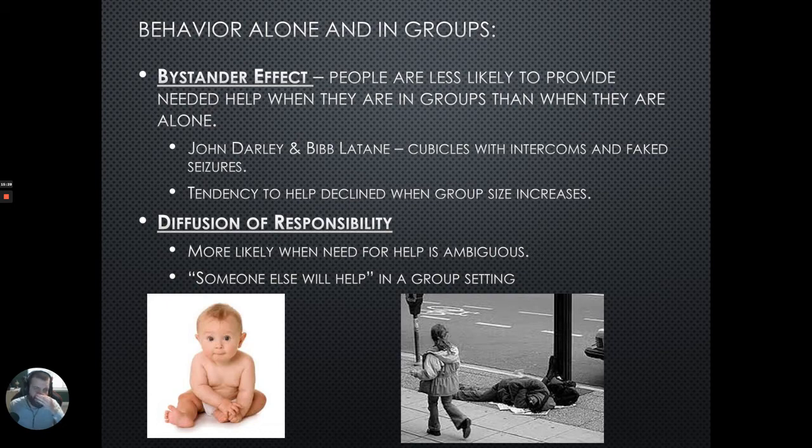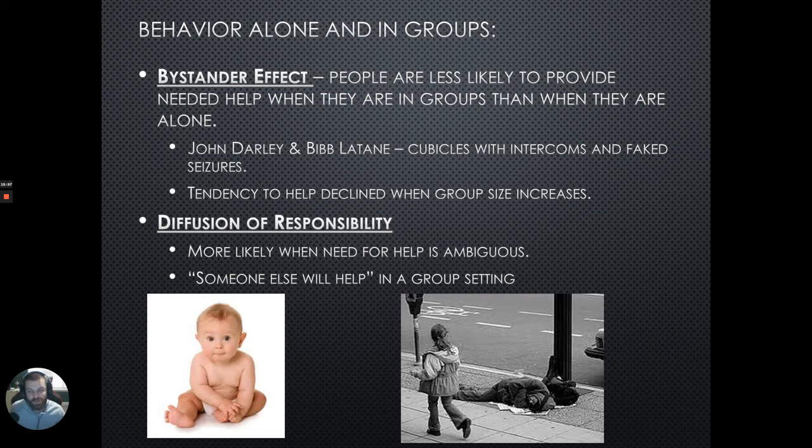And so Darley and Latane did a study here to look at the bystander effect in a cubicle workplace, and they set up situations with fake intercom systems, but faking individuals who would have seizures and seeing who would respond. And the more crowded the environment, the less response there was from people who were offering aid or help. And so the reason for this behavior is blamed on the diffusion of responsibility.